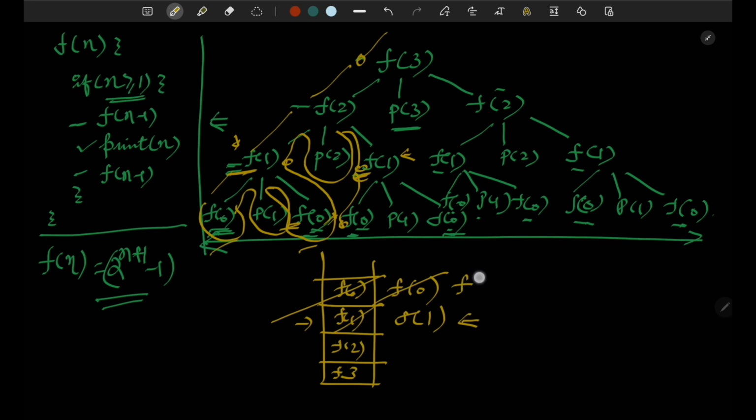So we push to the stack and now we see this f of 0 for the last time, we pop it off, we traverse, we print 4, we see this f of 0 for the first time, we push to the stack, now we see this for the last time, we pop it off, we come to the f1, we see this for the last time, we pop it off.